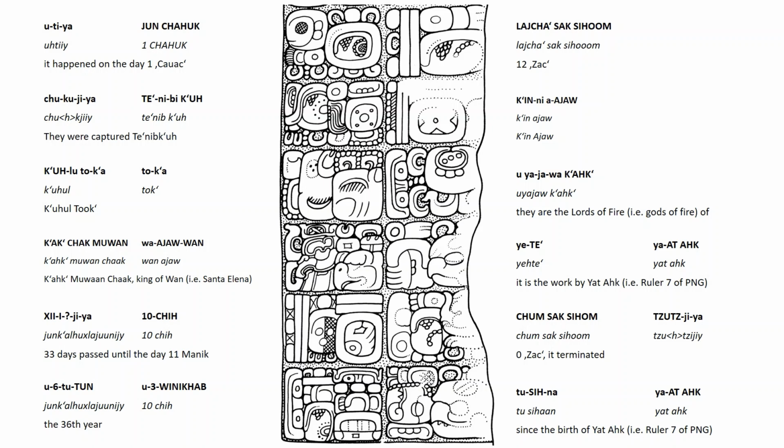And here it says that this action was done under the authorship of Ruler 7. His name appears here. And then we got these so-called distance numbers leading from the first day to the next one. And here, for example, you can read that it terminated the 36th year since the birth of Yaxuun Bahlam.